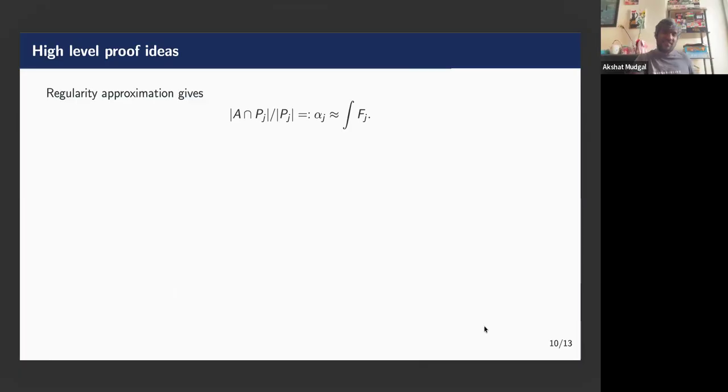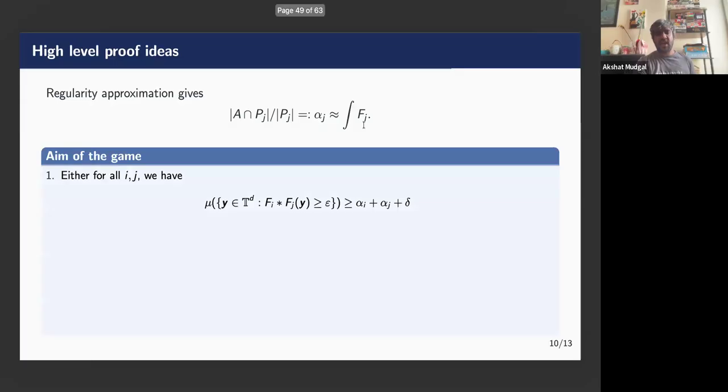So you should think about this. Remember, 1 up to n, we break them into blocks. On each of these blocks, my set has some density alpha j, and this is captured by some function fj, which is defined on the torus. And my aim after using all of these nice ideas is to show that for any i, j, so for any two such blocks you pick, either my convolution expands a bit more than I expected.